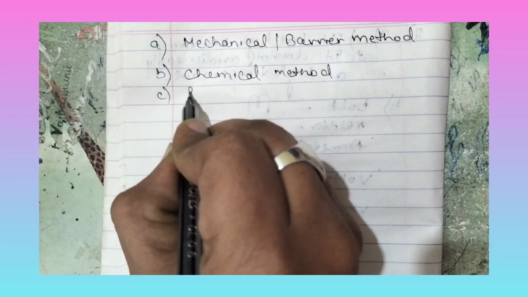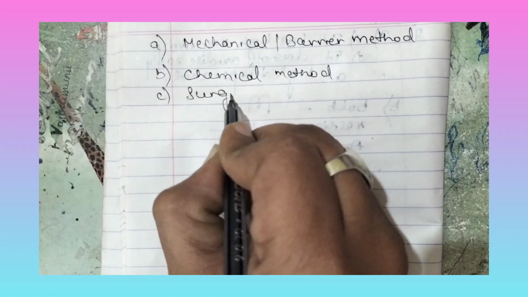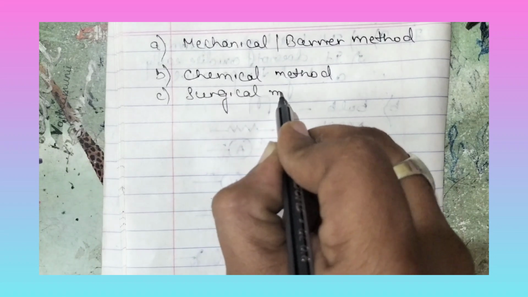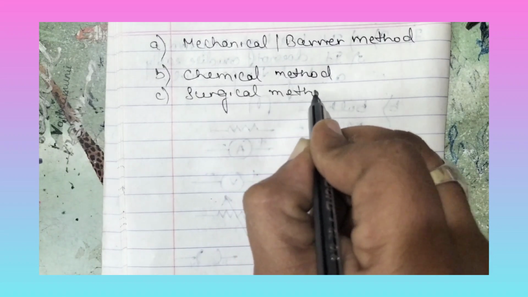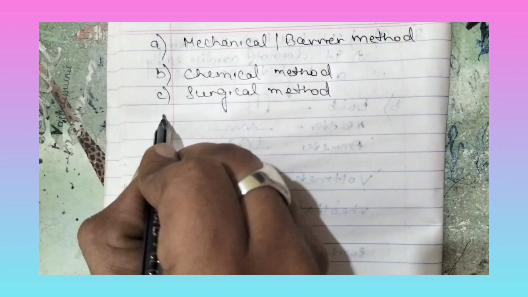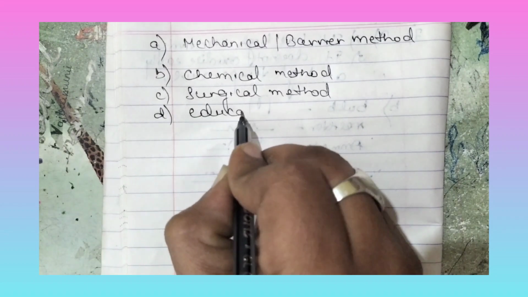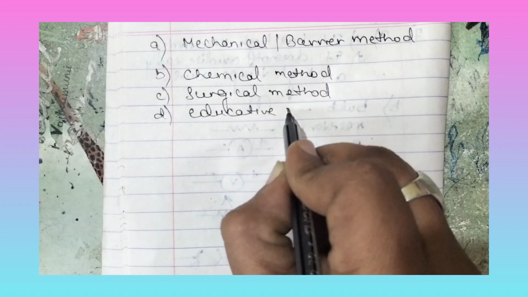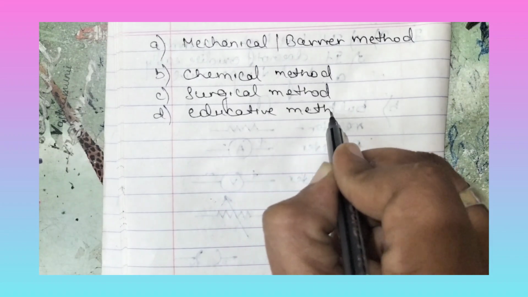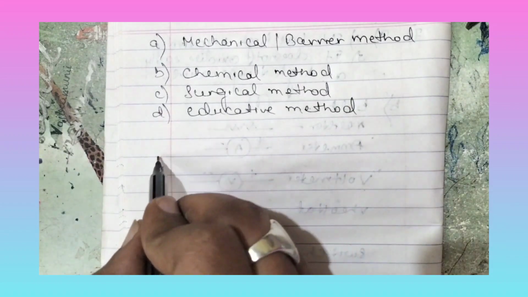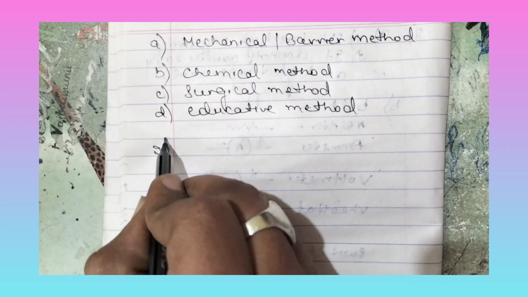The third one is the surgical method, that is vasectomy and tubectomy. And the fourth method is called the educative method. So these are the four methods used to avoid pregnancy.